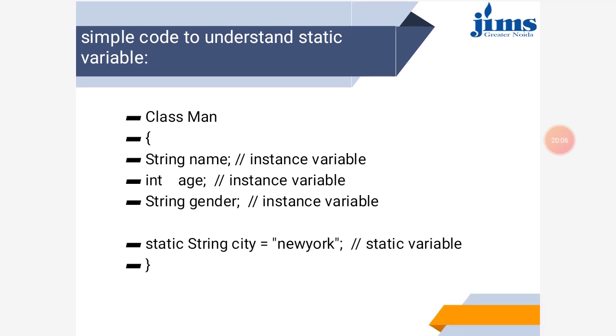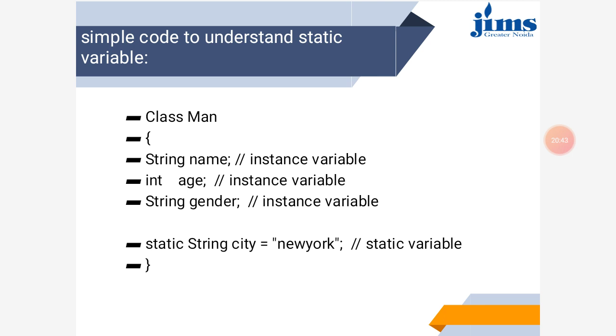And we can see its program simply. Here there is one class, say Man, and instance variables are present with name and age. Both are instance variables, and the third one, gender, is also an instance variable. So this program contains three instance variables and one static variable. In the static variable, its data type is also given, the variable name is city and the value is New York.